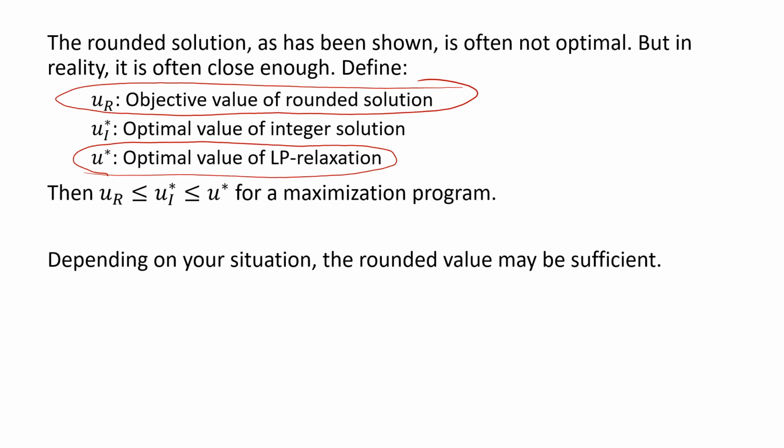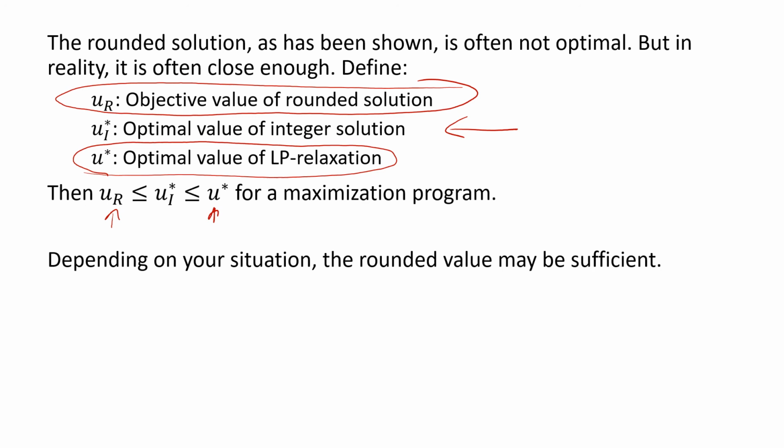Now the catch is that our actual optimal solution for the integer problem is somewhere between those two. So if you solve your linear relaxation, you get some fractional numbers.